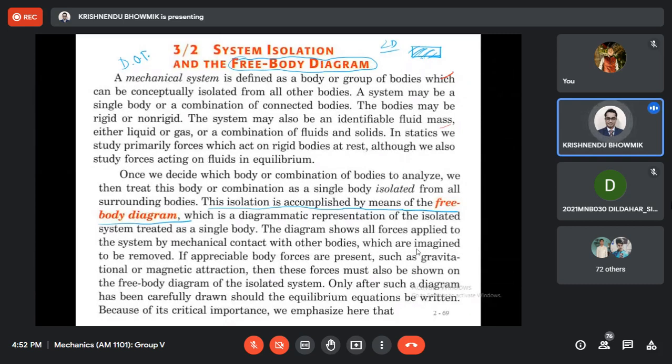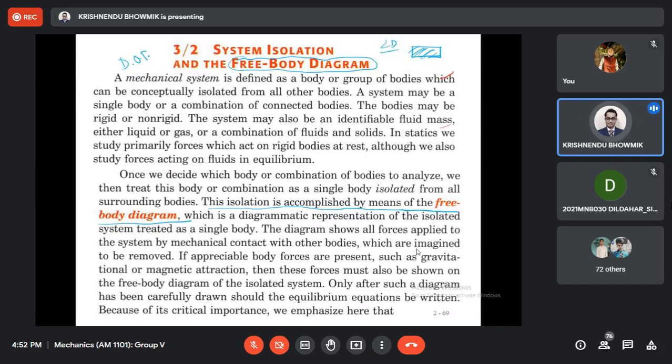Then you have to identify all forces which act on the isolated system as applied by the removed contacting and attracting bodies, and represent them in their proper positions on the diagram of the isolated system. Make sure all contact forces, if present, are considered at the boundaries.